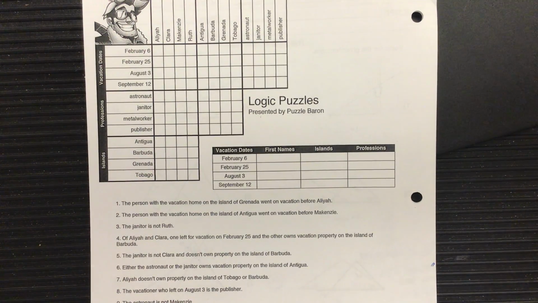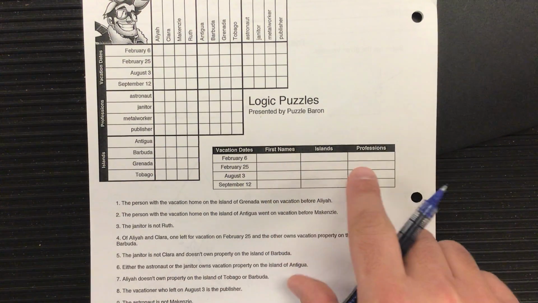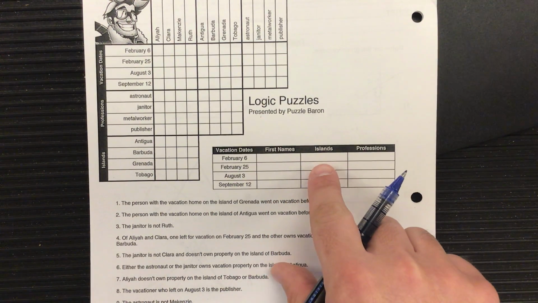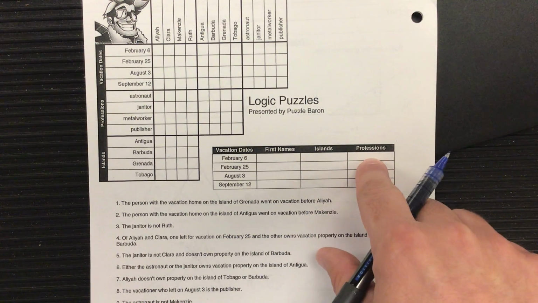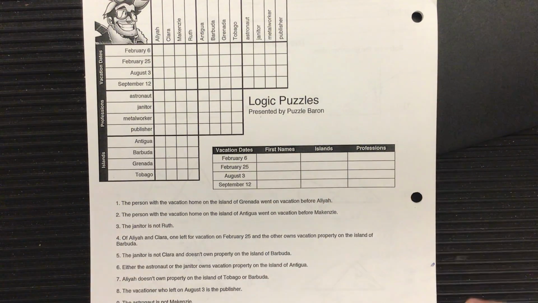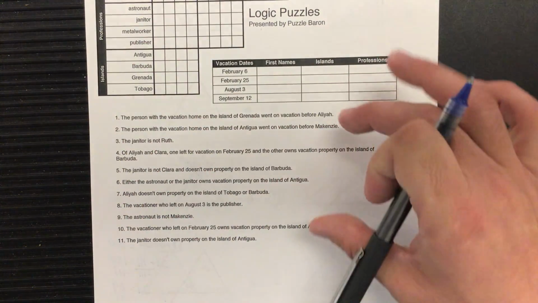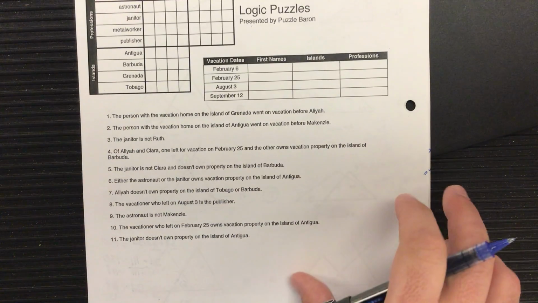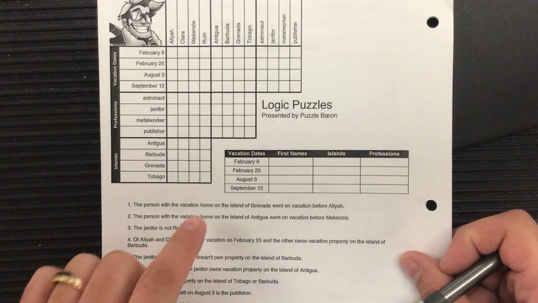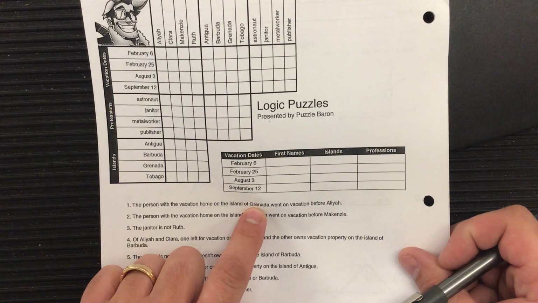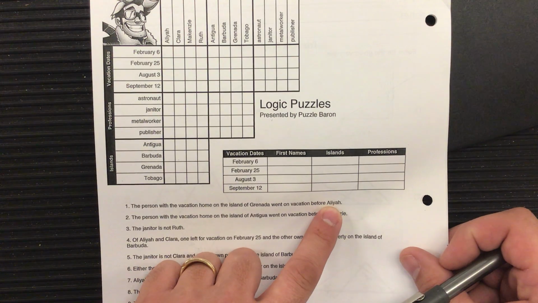Okay, so for instance, I would write on February 6th that Caleb went to Bahamas and is a publisher, for instance. Then that one would be done. So these are all clues to help you figure some things out. So for instance, the person with the vacation home on the island of Grenada went on vacation before Aaliyah.